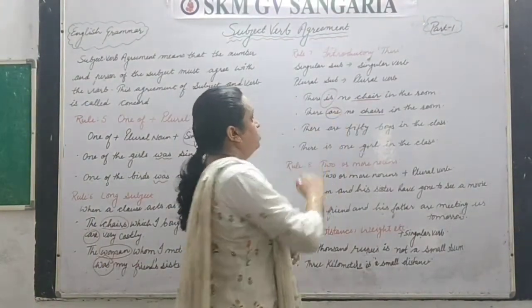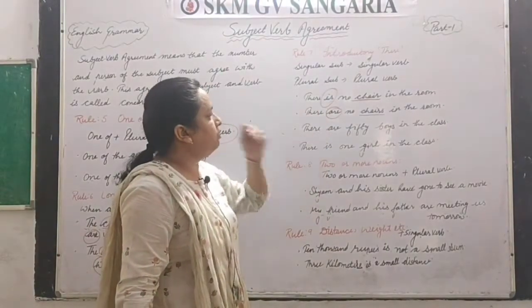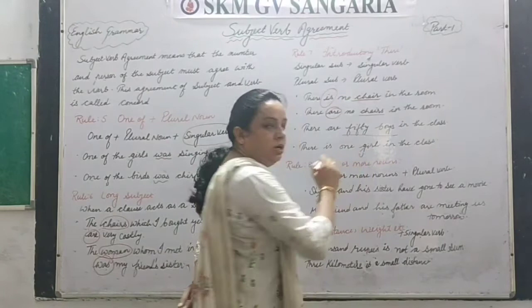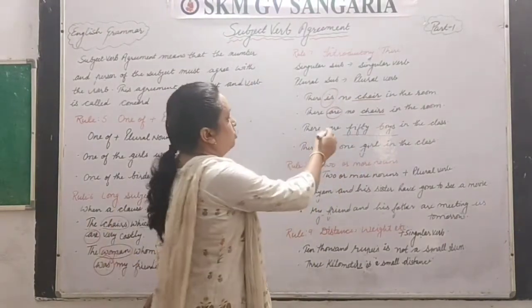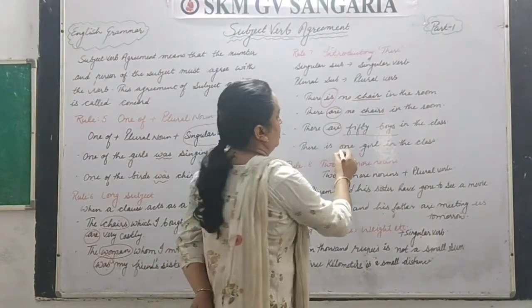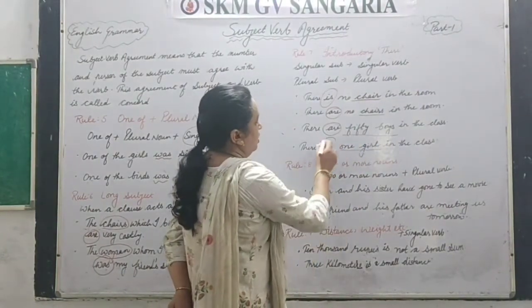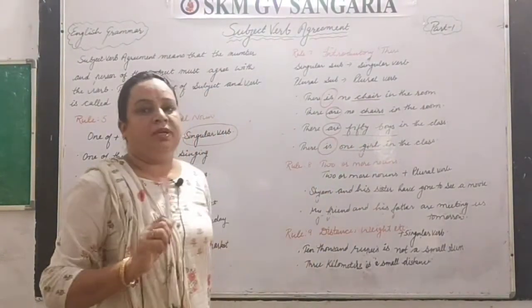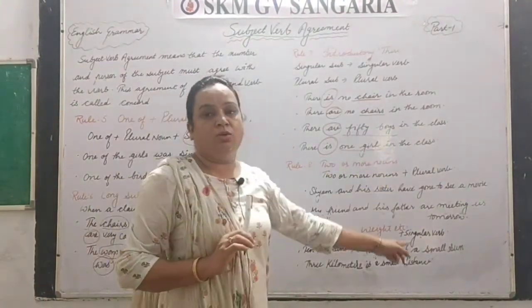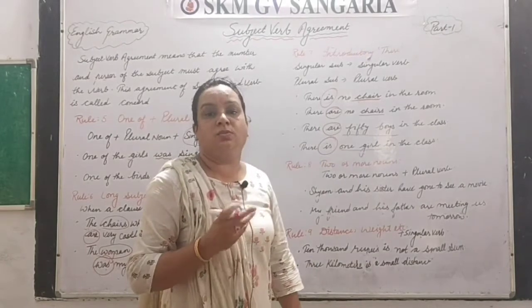Next, there are 50 boys in the class. So 50 boys is a plural subject. So what do we have to use? Are. There is one girl in the class. This is singular, so we have to use is. So please learn it. Next one is when two or more nouns are given as a subject.